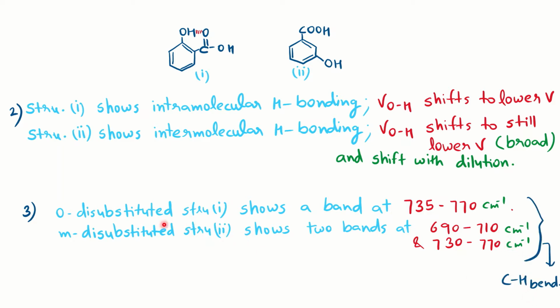So this is the characteristic peak by which you can differentiate ortho, meta and para disubstituted aromatic compounds using IR spectroscopy. And this is with respect to the inter and intramolecular hydrogen bonding. So in that way you can answer your question.